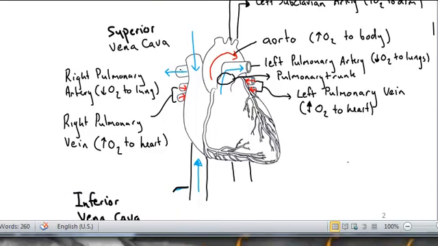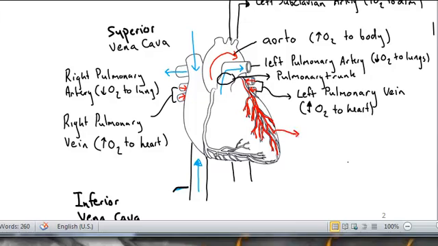And then, the last important detail from the external part. The muscle tissue of the heart is so thick that even though the heart is filled with blood, the nutrients, oxygen, and glucose can't actually diffuse directly from the blood on the inside of the heart to the muscle tissue on the outside of the heart.